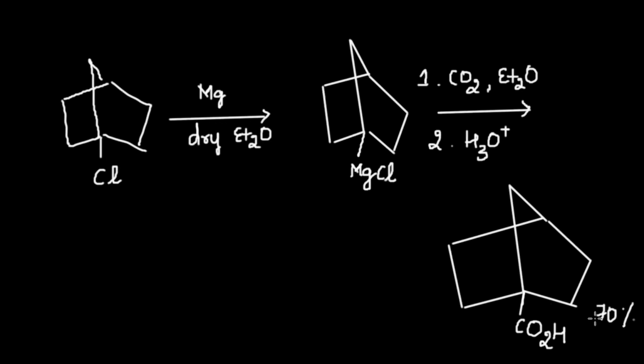This is a very good example. Even the hindered chlorides can form carboxylic acids. The third preparation method is hydrolysis of nitriles to form carboxylic acids.